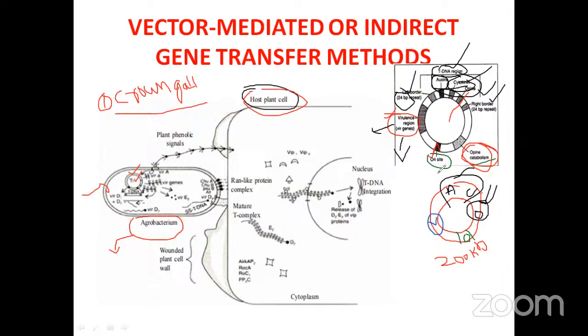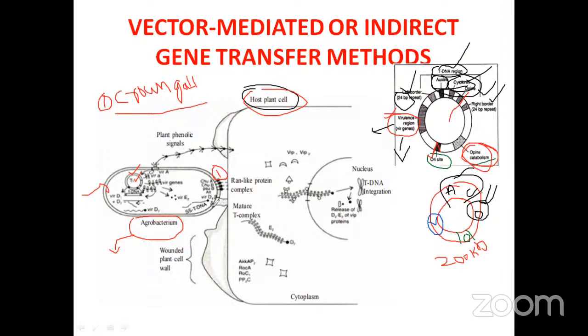Next, DNA transfer and integration into the host cell. In this step, how does tDNA transfer and how does it integrate? The process of tDNA transfer and integration into the host cell is given below step by step. The first step is signal induction of Agrobacterium.